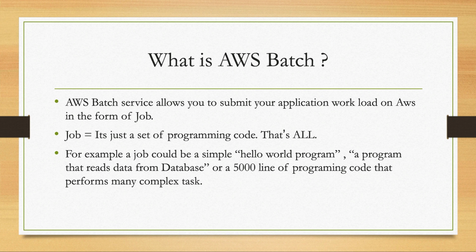It means that all of these codes, or a set of code, could be submitted in the form of a job to AWS Batch Service, and AWS Batch Service takes care of the rest. It just runs your programming code in the form of jobs.